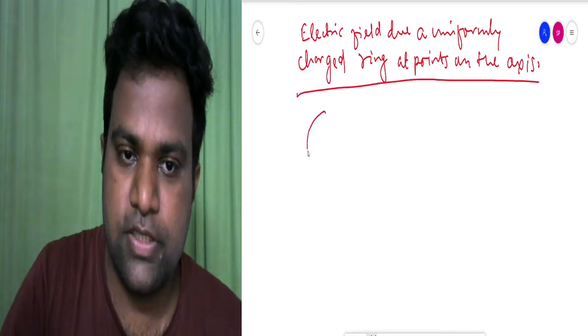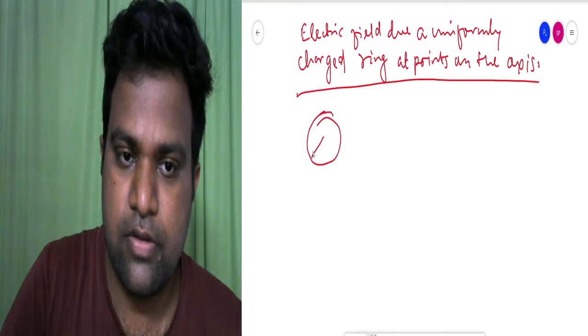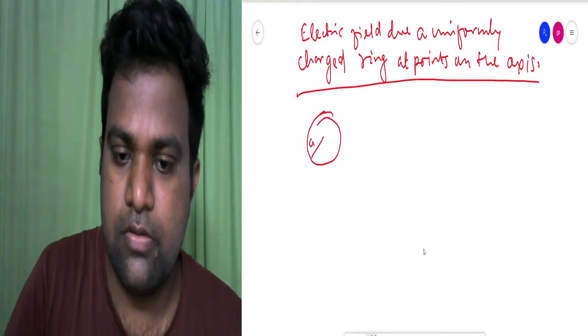So let's say that this is a ring of radius a.